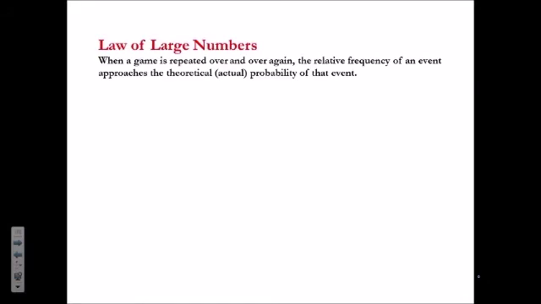Now, the law of large numbers says that when a game is repeated over and over again, the relative frequency, f over n, gets closer and closer to the theoretical probability of that particular event.